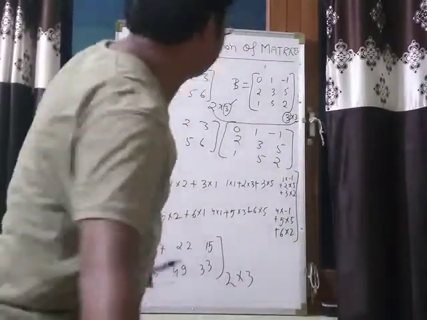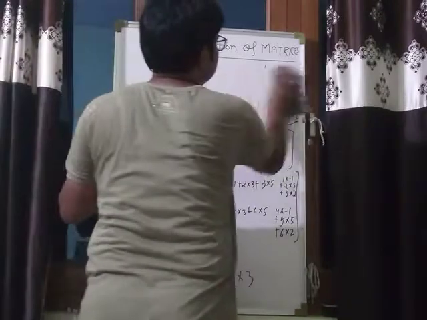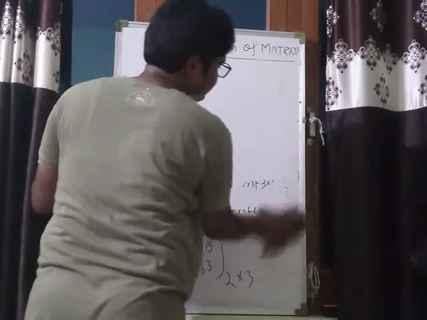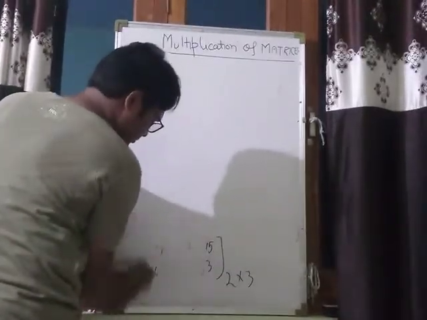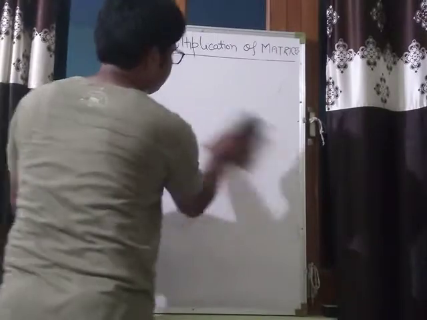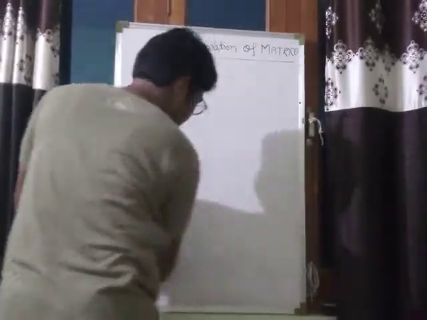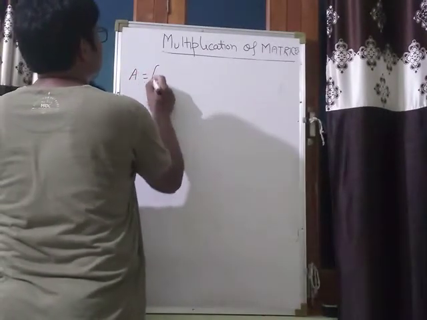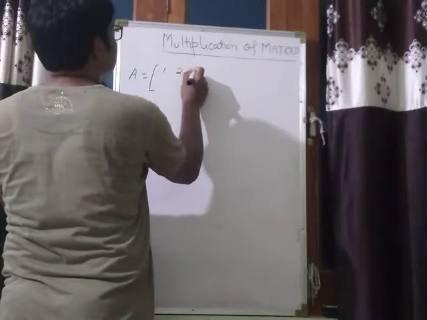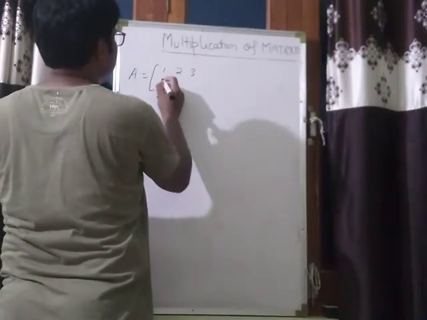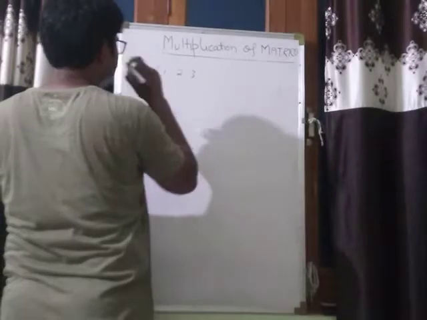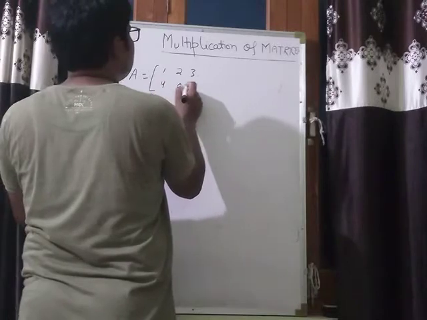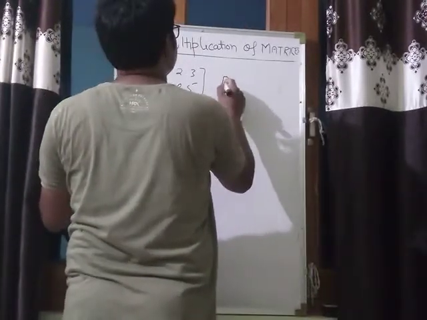Okay, see another example. Consider a matrix A: 1, 2, 3, 4, 0, 5, and B another matrix.